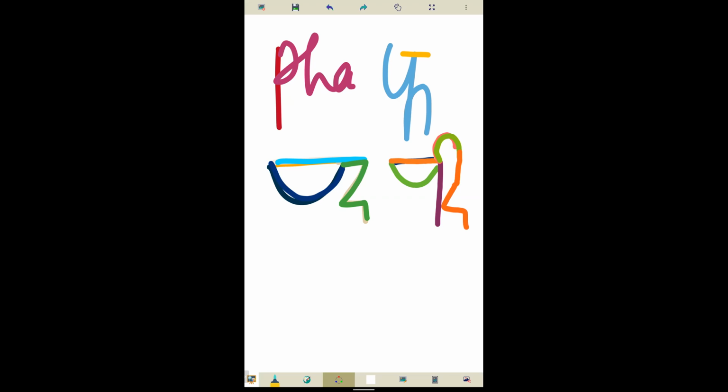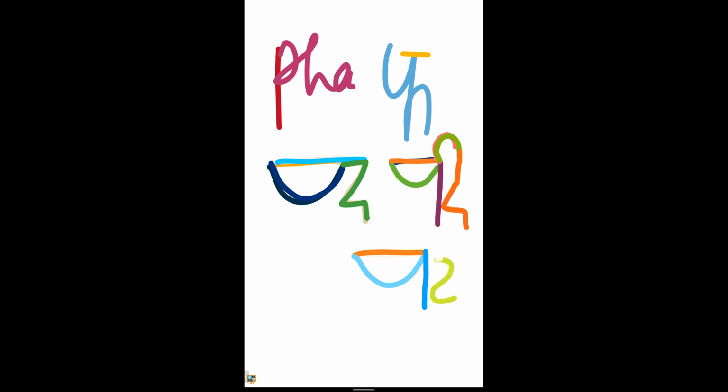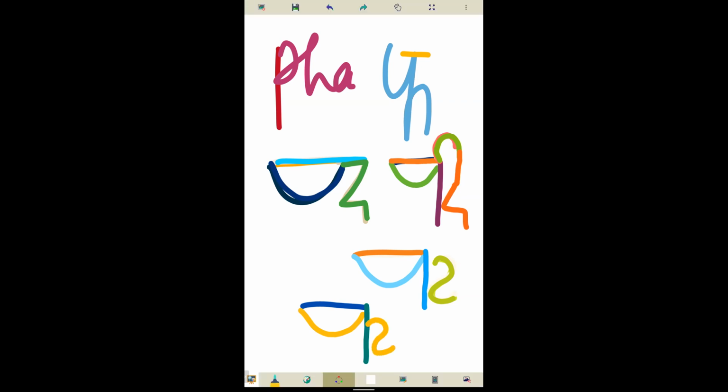And also another pa. First do the pa, there is no problem. And this is also pa. Look here. Sometimes it's joined, or sometimes it's just close to the vertical line. Okay. Please note down all the varieties of fa.